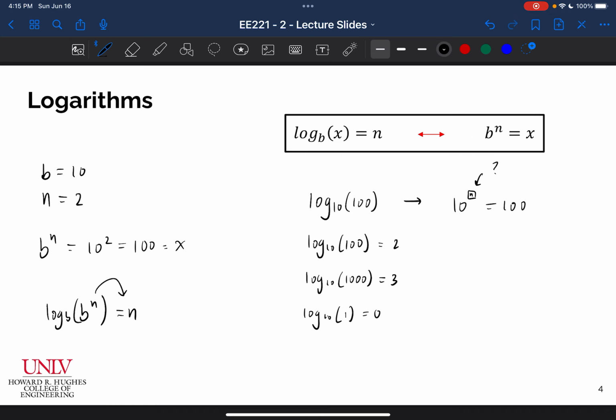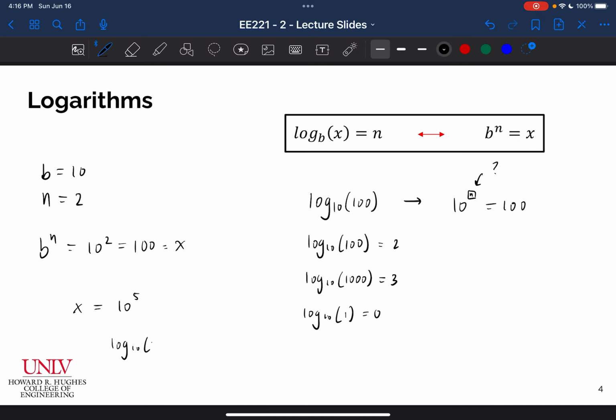And so if I'm ever in a situation in algebra where I have, let's say, x is equal to 10 to the power 5, and I want to get this out of exponential terms and into logarithmic terms, I could take the log base 10 of both sides.